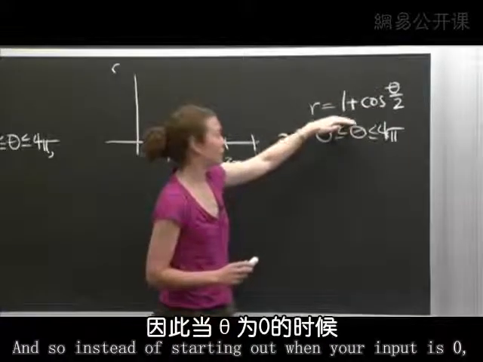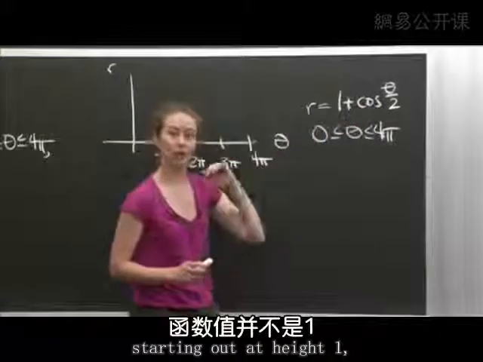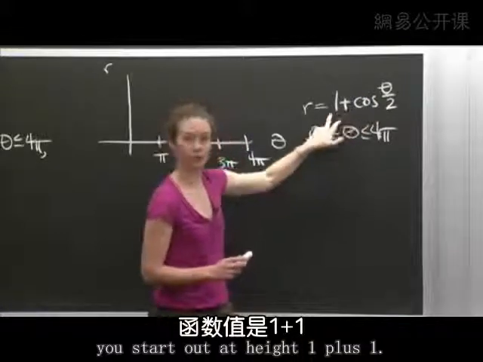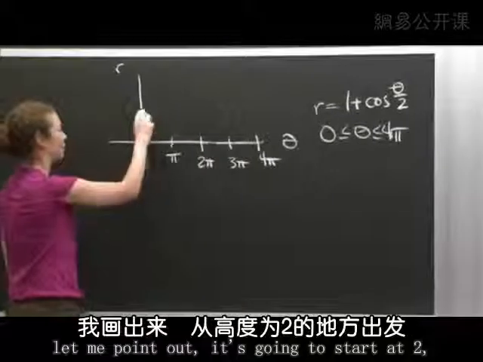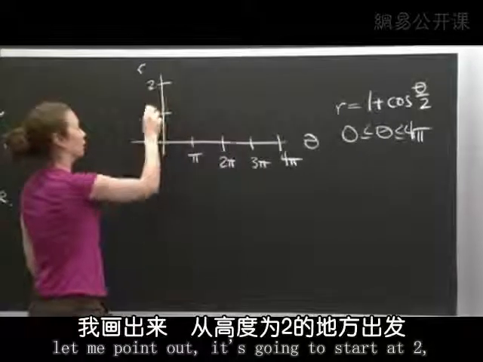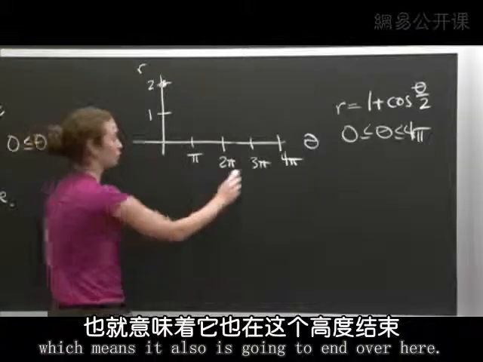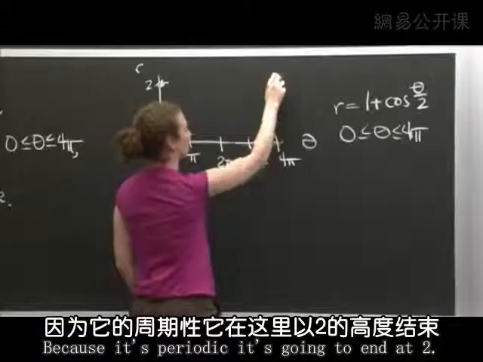Instead of starting out at height 1 when your input is 0, you start out at height 1 plus 1. You start out at height 2. So in fact, this function is going to start at 2, which means it also is going to end over here at 2, because it's periodic.